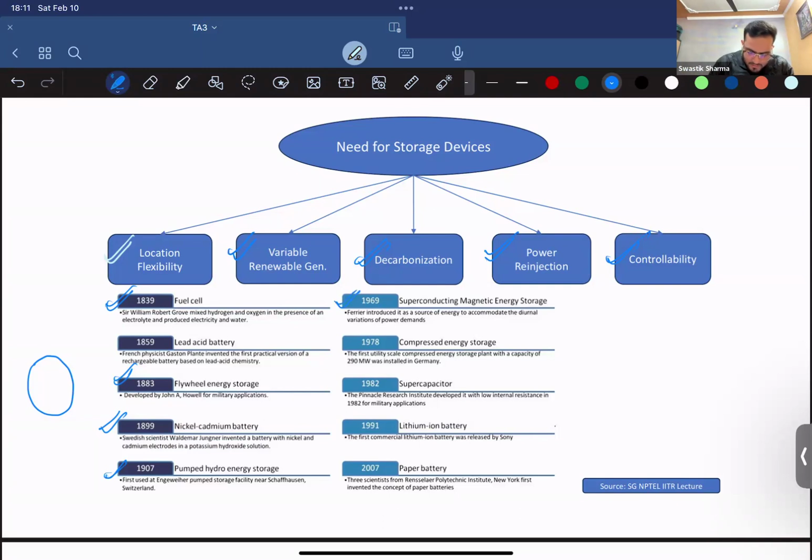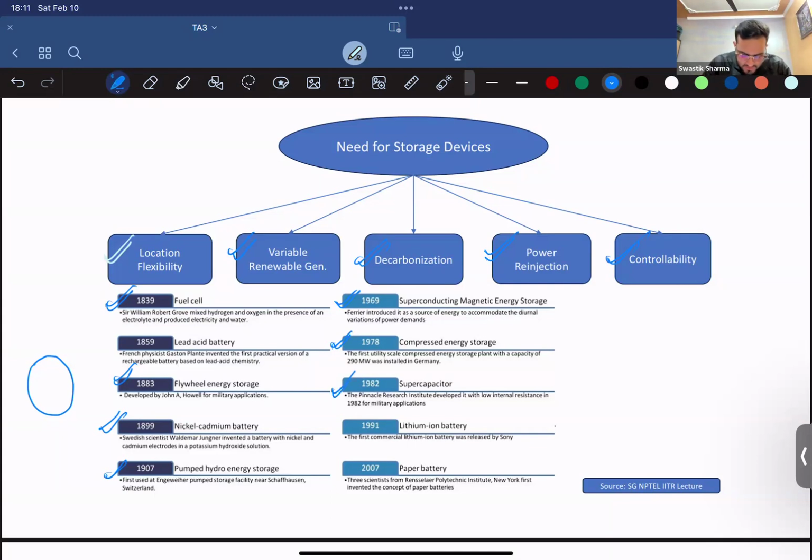Then we started with superconducting magnetic energy storage. Then came compressed air energy storage, where when air is compressed, it has pressure built inside of it, which can help in firing a piston, which can help result in energy production.